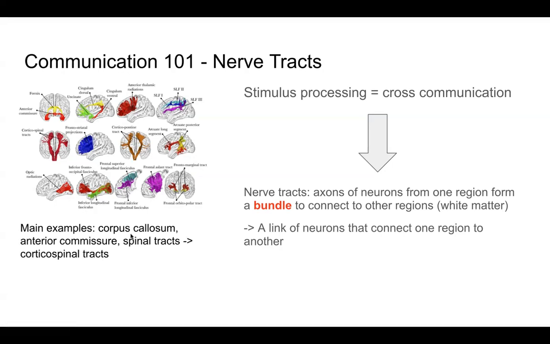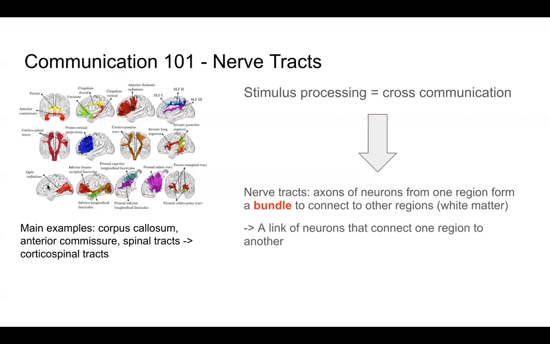It connects corresponding regions from both hemispheres. You've also probably heard of the anterior commissure. The anterior commissure runs between the temporal tracts, as you can see here, and connects the regions of the temporal lobe. There's also a posterior one, and there are corticospinal tracts that we'll talk about later.